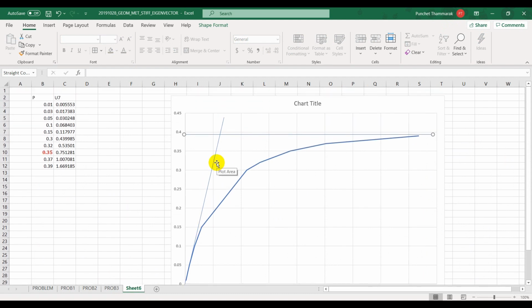Just disable the effects from the second order effect, or let's say disable the P delta geometric stiffness matrix. If you disable that, what will you get? You better get this line. Okay, so try that as well.